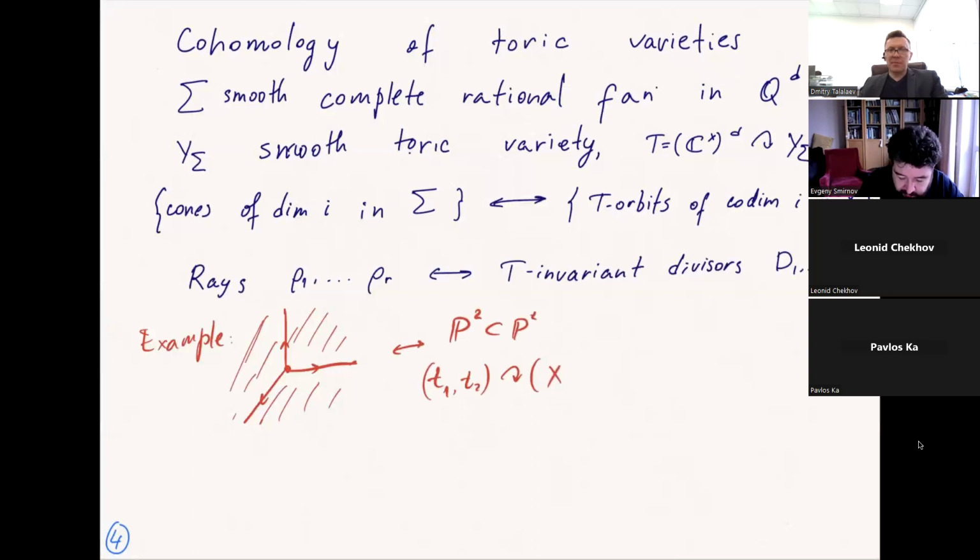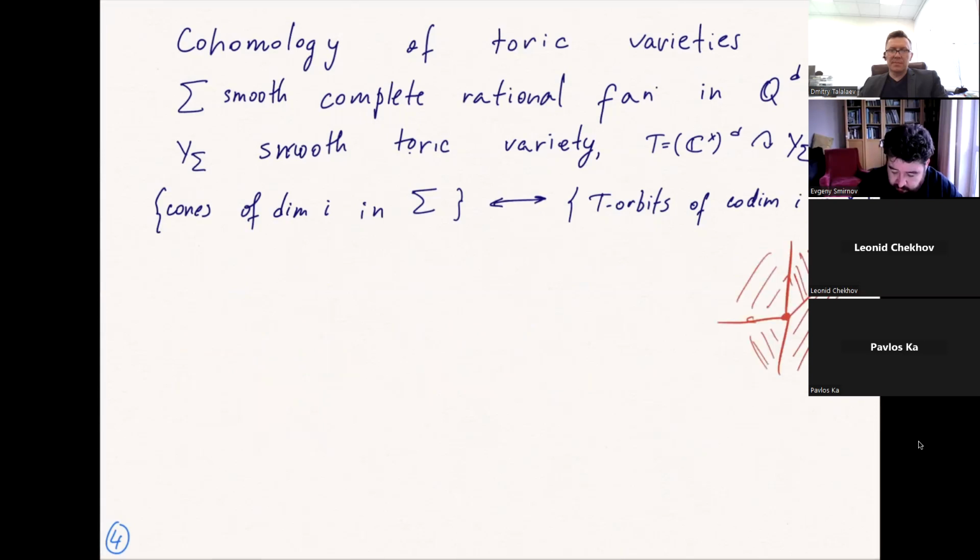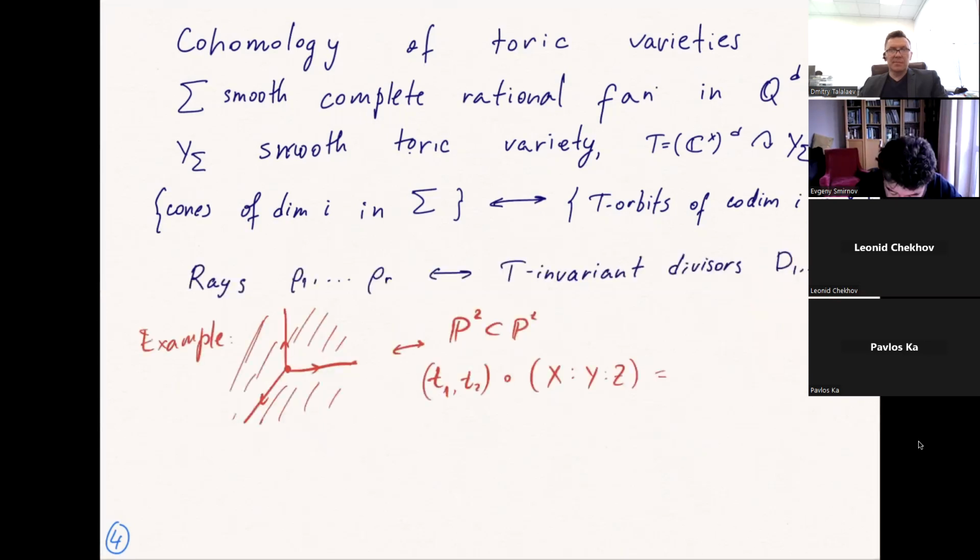So let's say T1, T2 applied to X, Y, Z is, let me say, I multiply one coordinate by T1 and the other by T2. So T1 X, T2 Y, let's say Z.